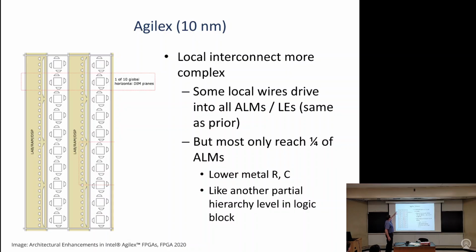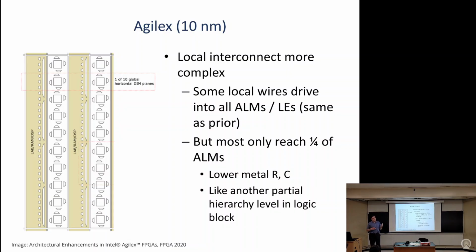Okay, so some changes in this one. The first thing is their local interconnect is more complex. Let's see if I can explain this on this figure. They have some local interconnect where the signals span the whole logic block, which looks a lot like the local interconnect of their older designs, where it's kind of like a crossbar or a partial crossbar. But in Agilex, we'll read the paper on this later, basically wire delay is getting bigger.